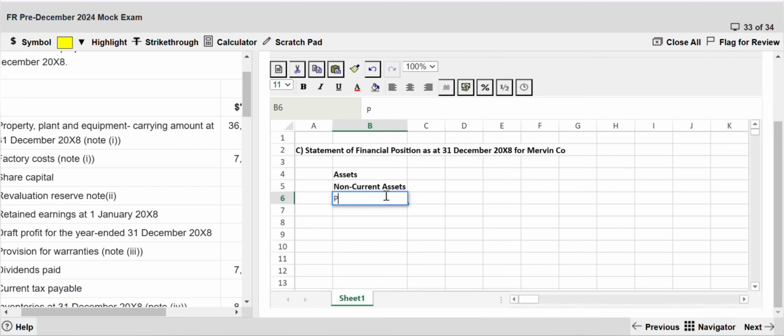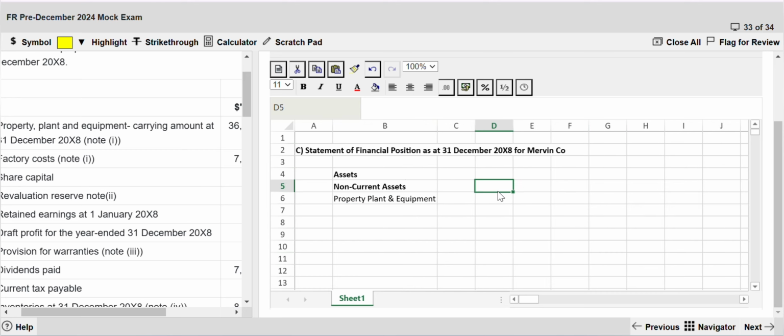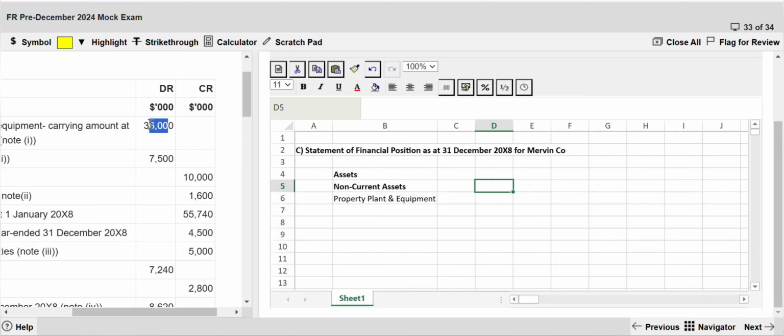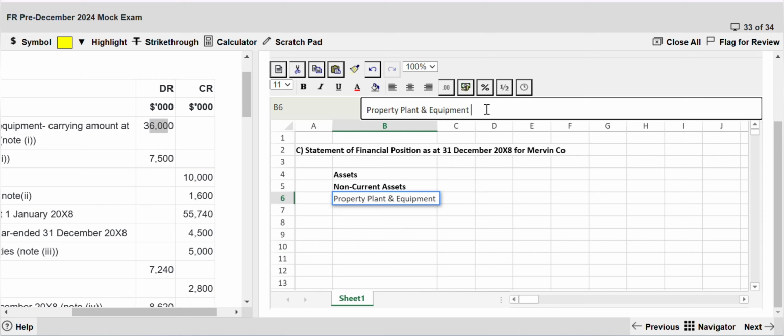Then we have property, plant and equipment. So property, plant and equipment as per trial balance is given as 36,000, correct? So the trial balance amount is 36,000 plus what we calculated in the last working.